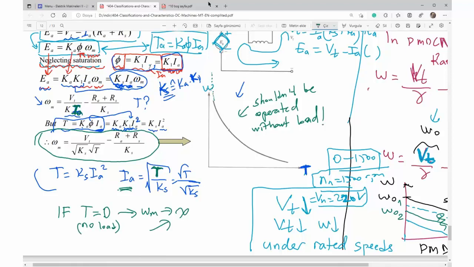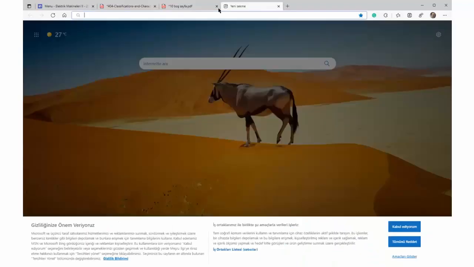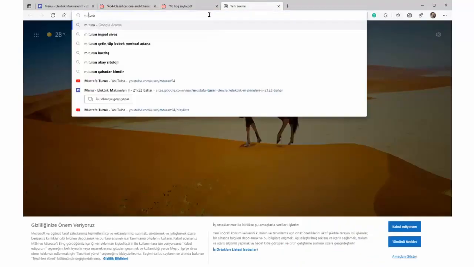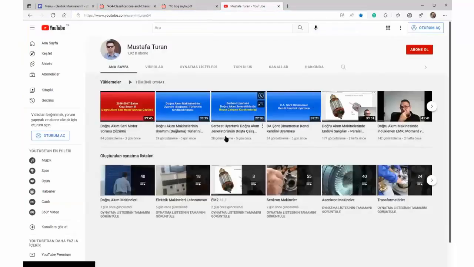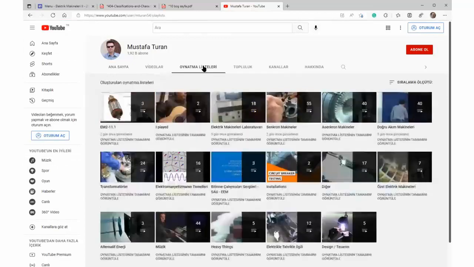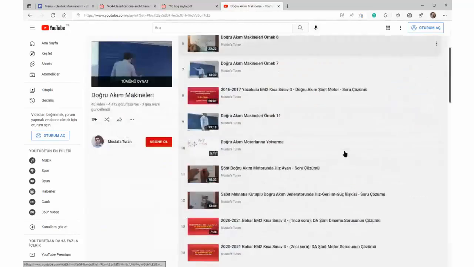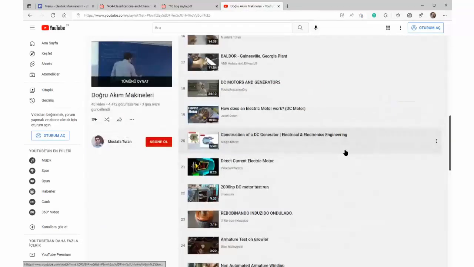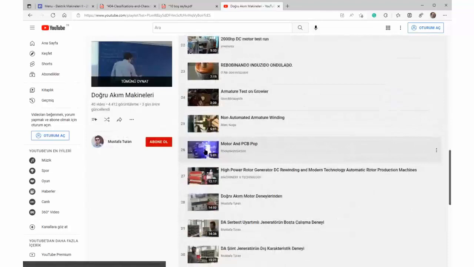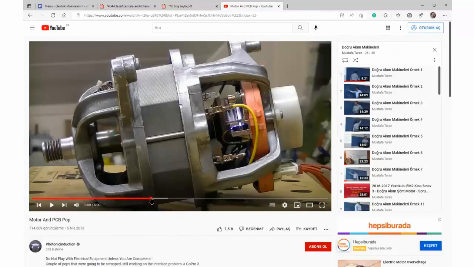Let me show you. Here's a series motor. That's called pull out. Let me find the DC machine playlist. I hope the movie is here. Yes. That is a washing machine motor.